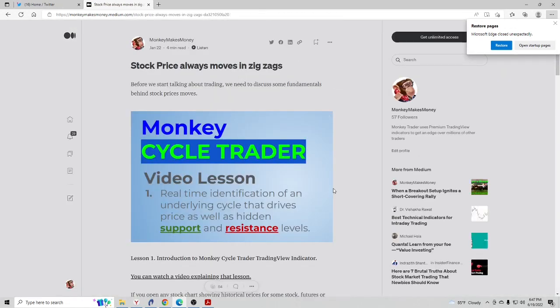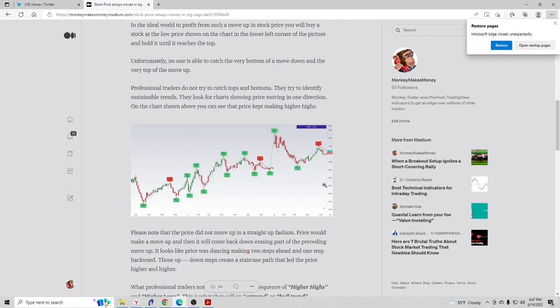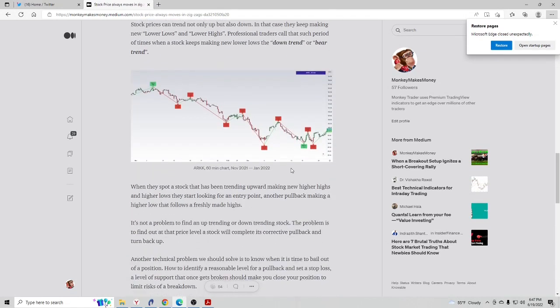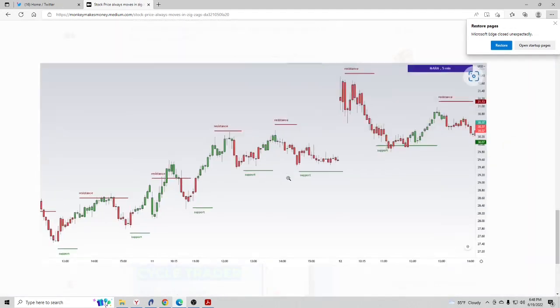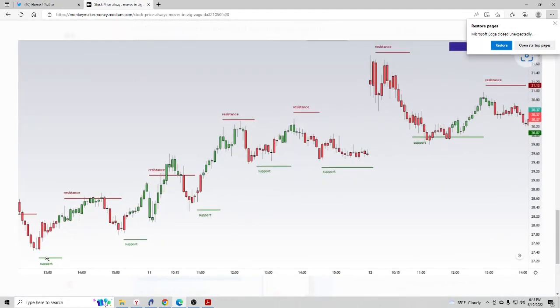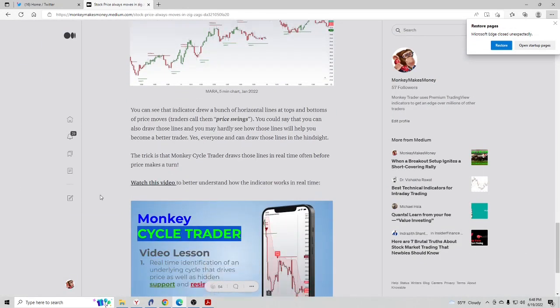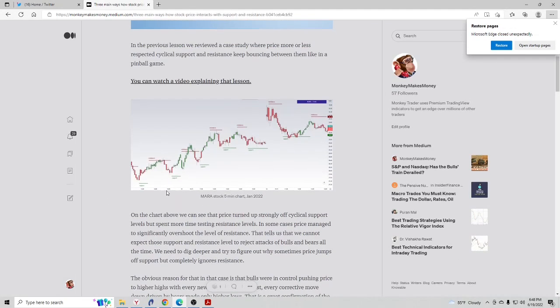Again, I will share a link with you, and in that article you will see how that indicator works, and that indicator, as you can see, actually detects underlying cycles, and it draws in real time potential zones of resistance where price can turn down. And not only that, it tries to find trading setups from that.